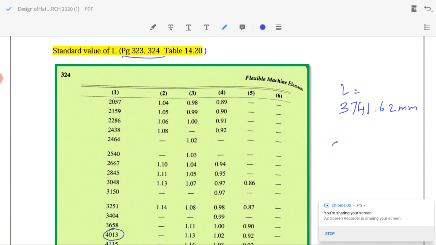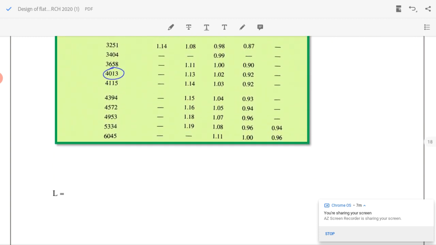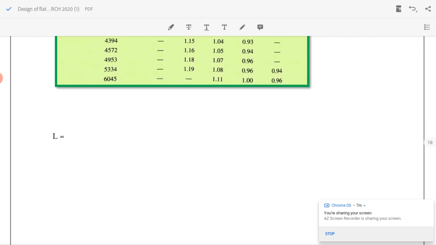So this is the standard pitch length L equal to 4013 mm. I will rewrite that value. Standard length L equal to 4013 mm.